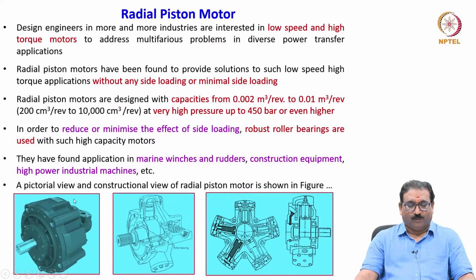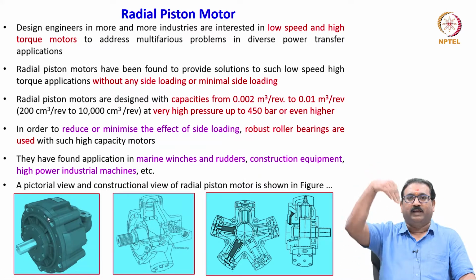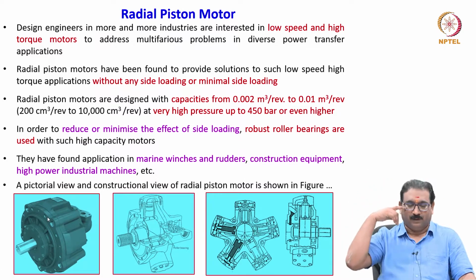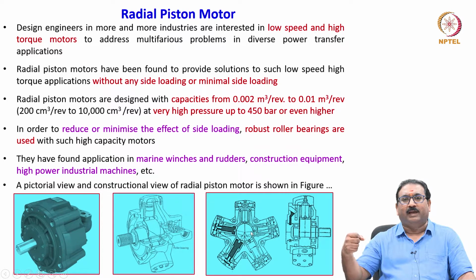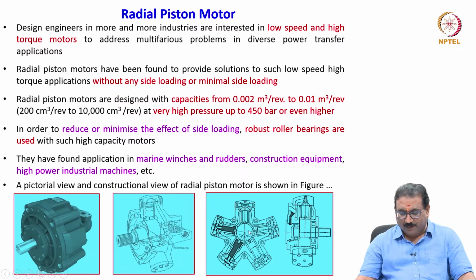Here I am showing you some pictorial views and the constructional views of the piston motor. This is a commercially available piston motor. Here please understand friends, pistons are reciprocating radially. Shaft is at the middle, and please remember inlet and outlets are also at the middle.